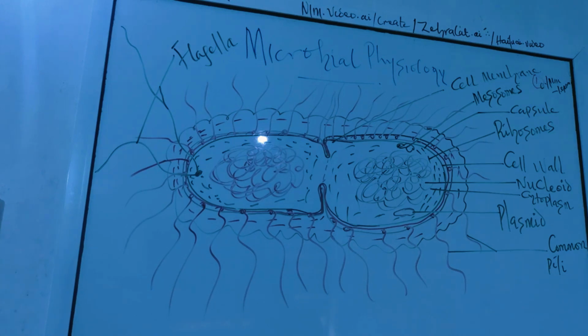Now I want you to take note of this structure. Can you see? Just like I said, it is not a nucleus. You can see that all the parts are scattered, because there is no membrane bound.